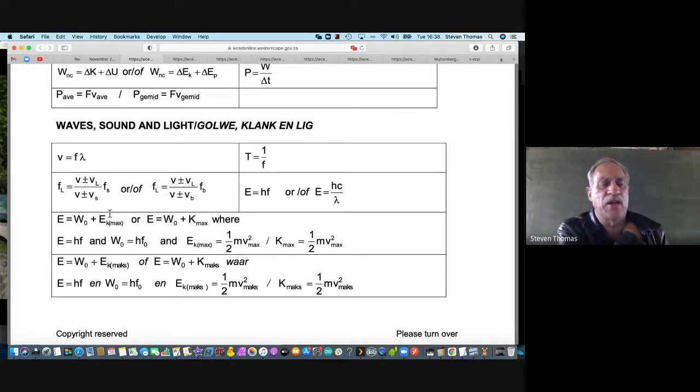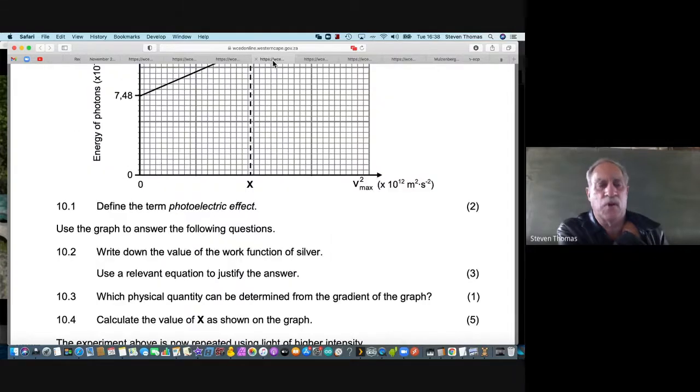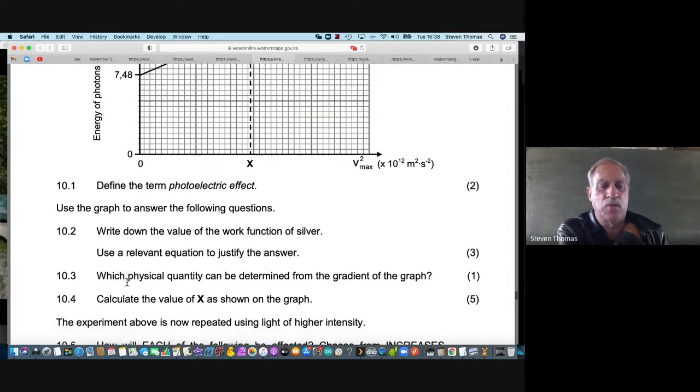So when our kinetic energy is 0, the energy of the photon is just equal to the work function. So when the energy of the photon is equal to the work function, we have no kinetic energy. And that's the case where we had that 7.48. So we're going to use that equation.